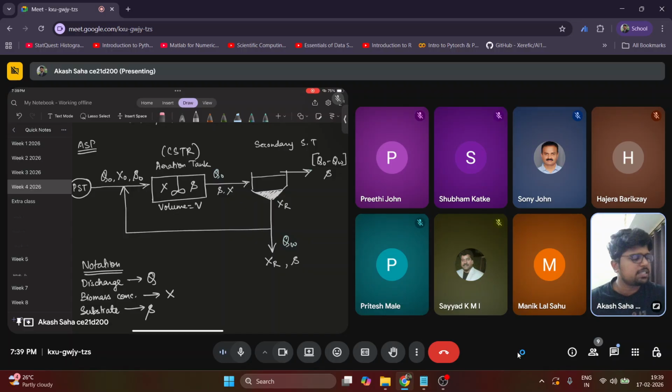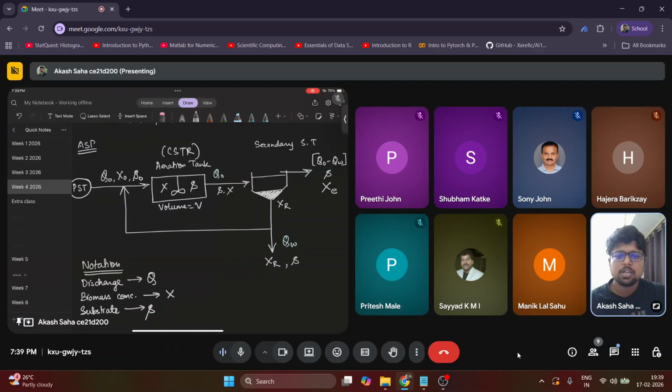So S will not change. Now coming to the X value, that is the biomass value, this will be something around XE, let's say effluent biomass. This also we will treat as very negligible. Not much biomass is coming out from the system. All the biomass we try to concentrate inside the tank itself. So we have XR and XE from these two points.